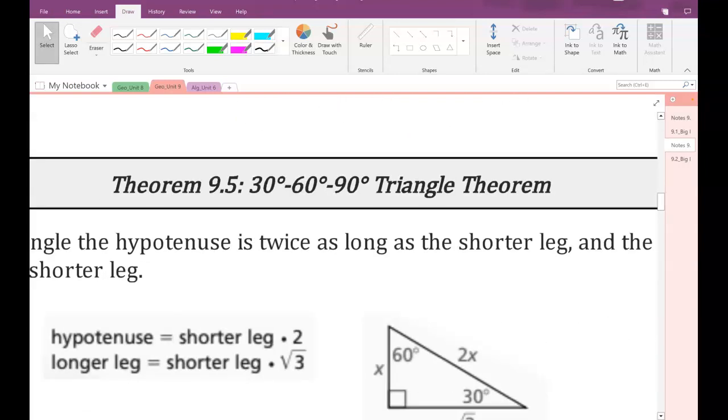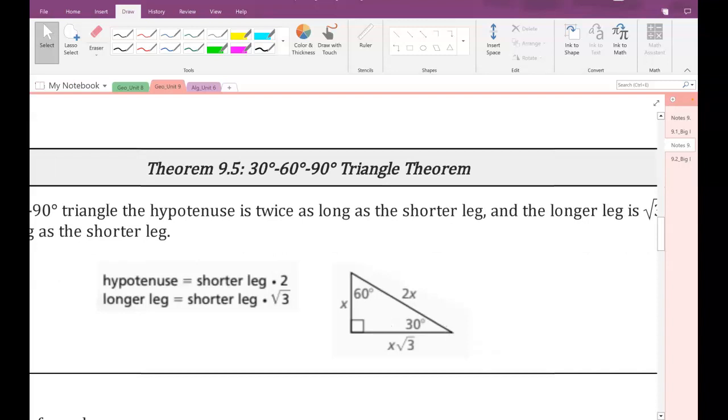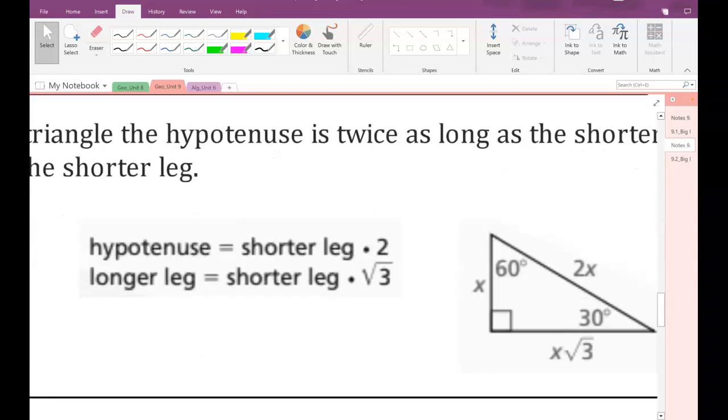So in a 30, 60, 90, the hypotenuse is twice as long as the shorter leg, and the longer leg is the square root of 3 times as long as the shorter leg. So that's these two formulas here just put into words.